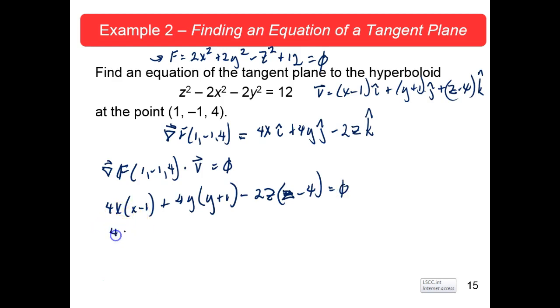So it'll be 4x squared minus 4x plus 4y squared plus 4y minus 2z squared minus 4z is equal to 0.